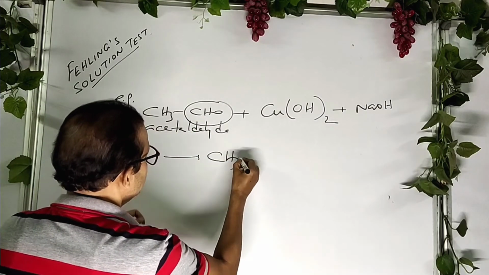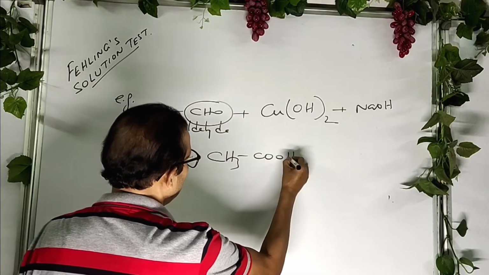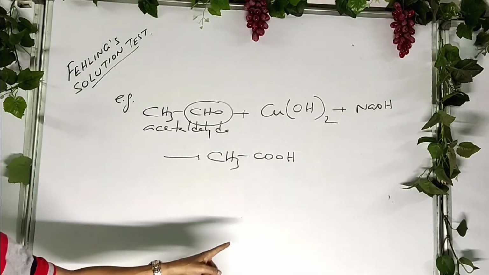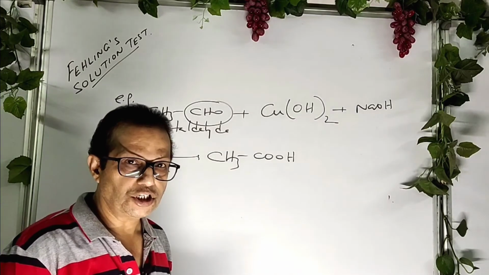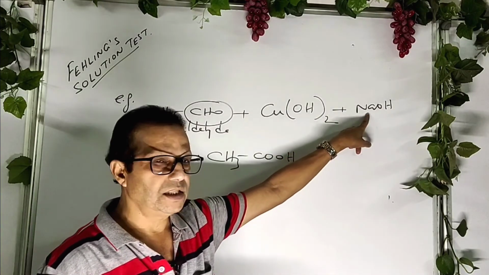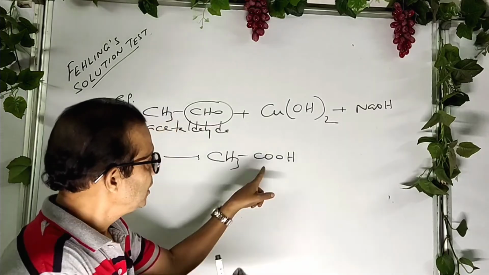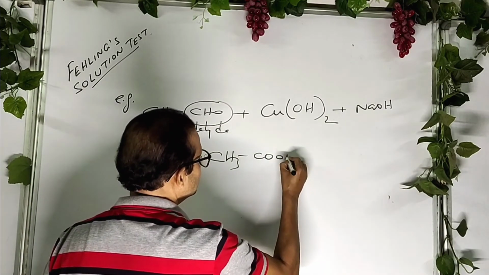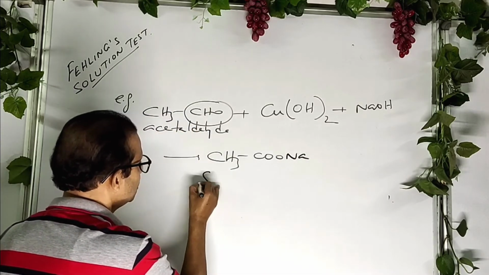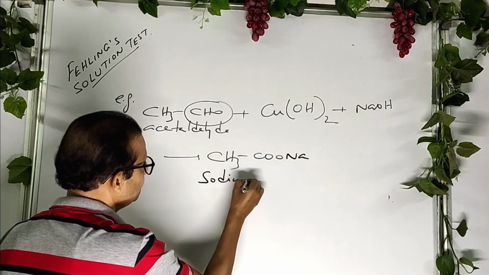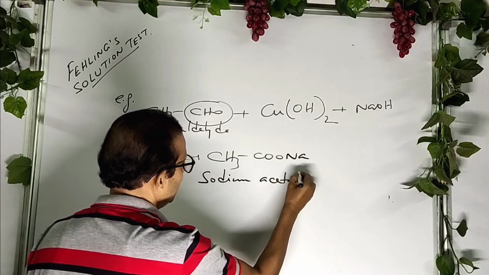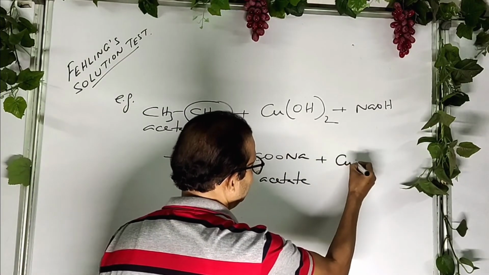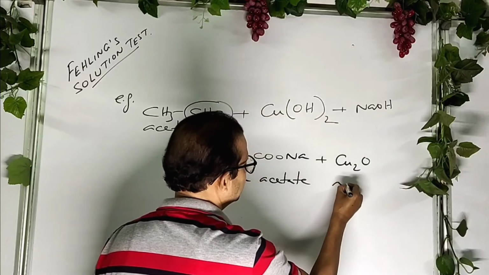Understand at first, CH3COOH, acetic acid is formed, but you know that in a solution, acid and base never coexist. That's why this acid reacts with this sodium hydroxide to form sodium salt. So it is sodium acetate plus a red precipitate of cuprous oxide.